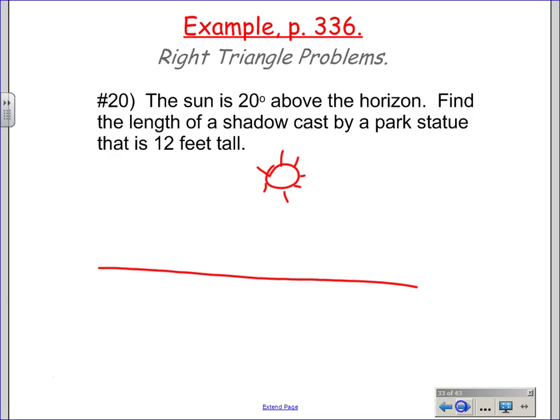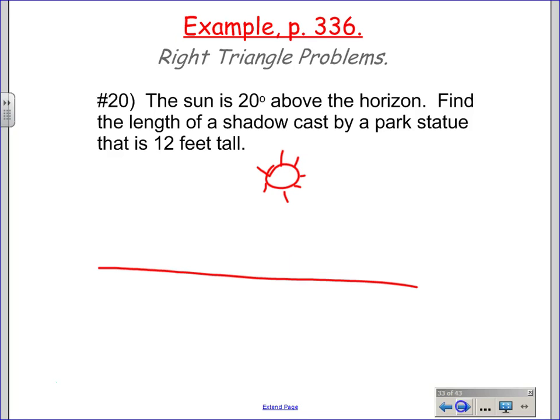Now what? Above? How do I do that? Makes no sense. 20 degrees is not a measurement. What is 20 degrees? A rotation.